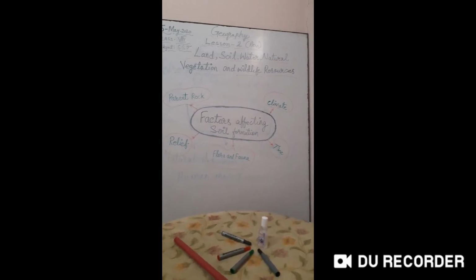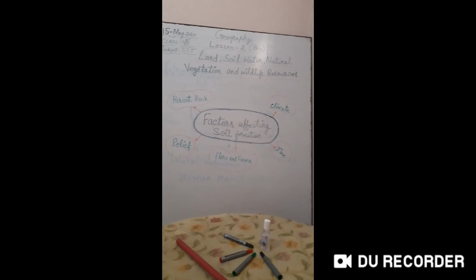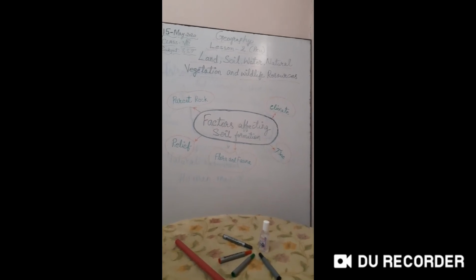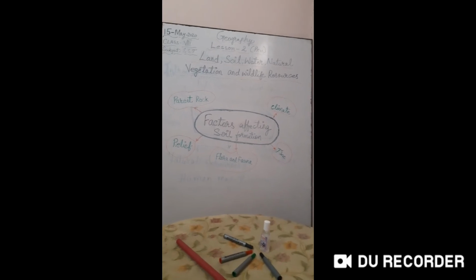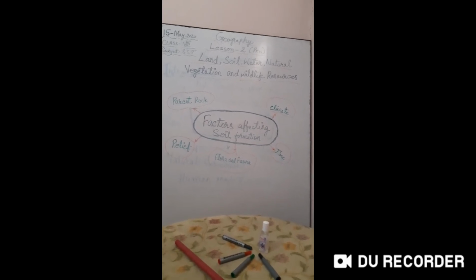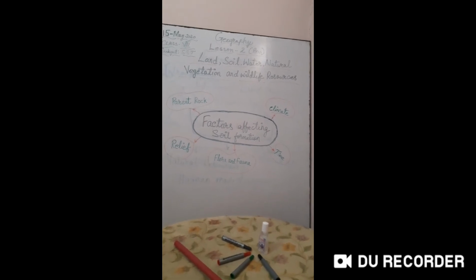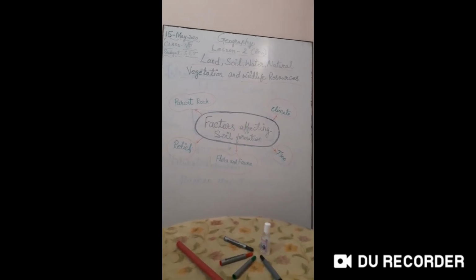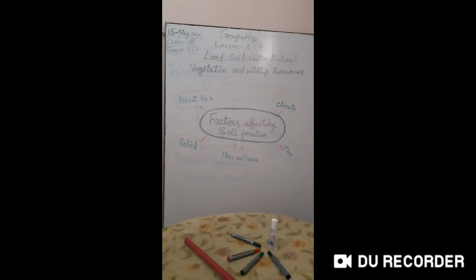Second, the canals used for irrigation should be properly built so that loss of water does not take place while the water is transported to the field. Next, in dry regions, drip or trickle irrigation is suggested. So these are the methods by which we can conserve the water resource.